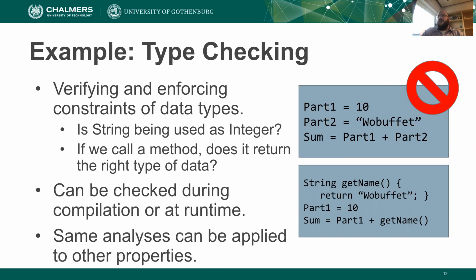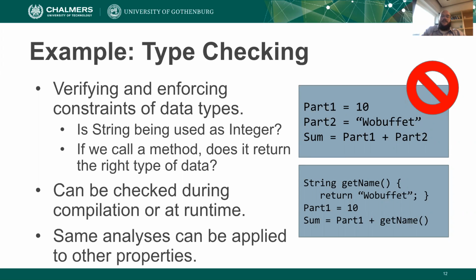But in any case, type checking is the process of verifying and enforcing the constraints of a given data type. So if a variable is used as an integer, is it in the proper format to be used in that manner, right? Is it actually a string? Is it actually something else that shouldn't be forced to be used as an integer? If we call a method, does it return the right kind of data? If we assume a method returns an integer, is it returning an integer to us?